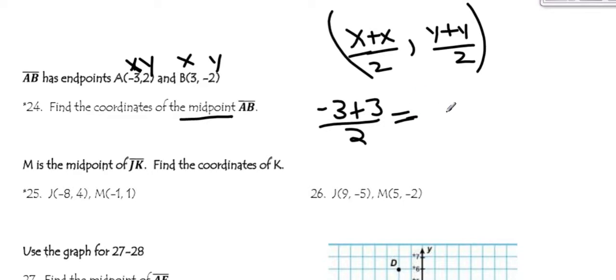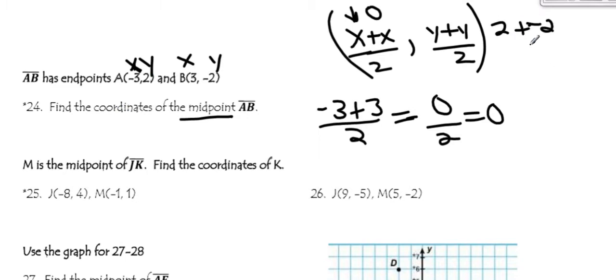Negative 3 plus 3 is 0 divided by 2, which is 0. So our x coordinate for our midpoint is 0. Then we want to do the average of our y values, 2 plus a negative 2 over 2, which is 0 over 2, which is 0. So that's our y coordinate, 0, 0.